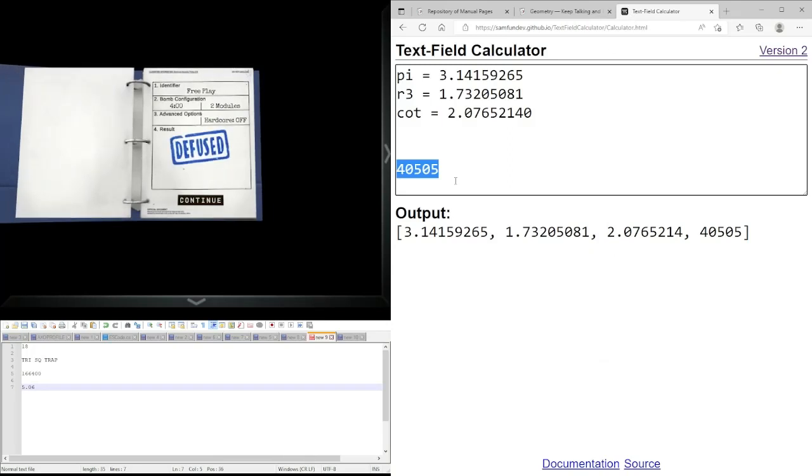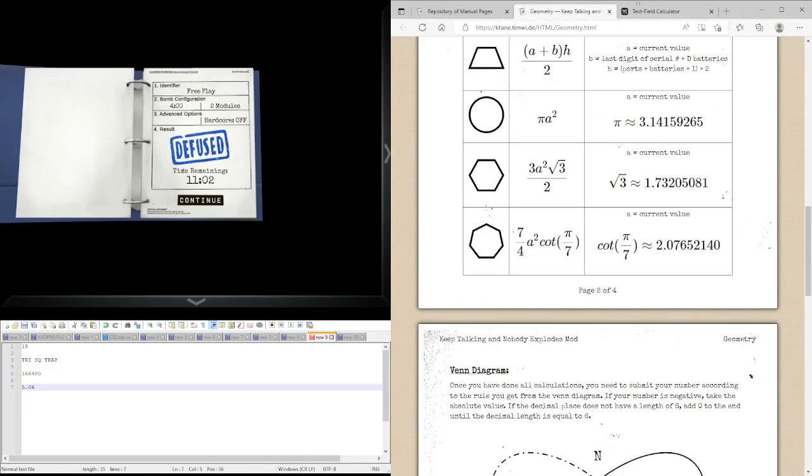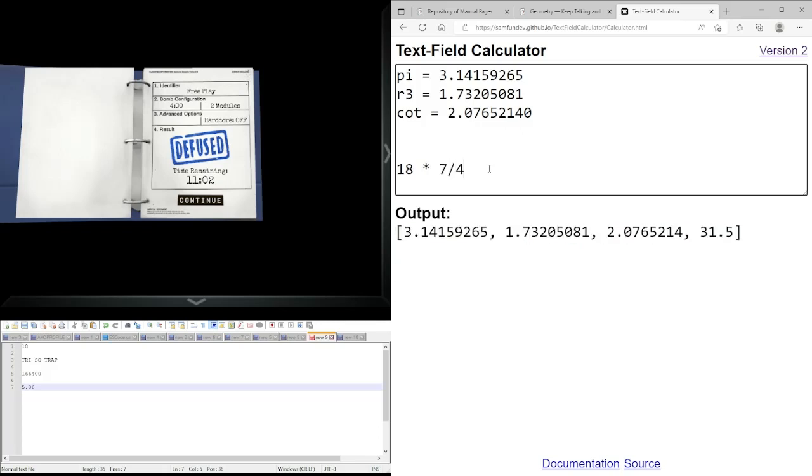I'm just going to show an example. Say if our number was, let's take 18, and we had the heptagon, which is this one here, we would multiply by 7/4.